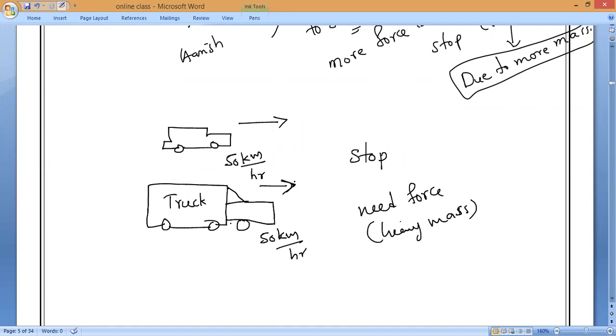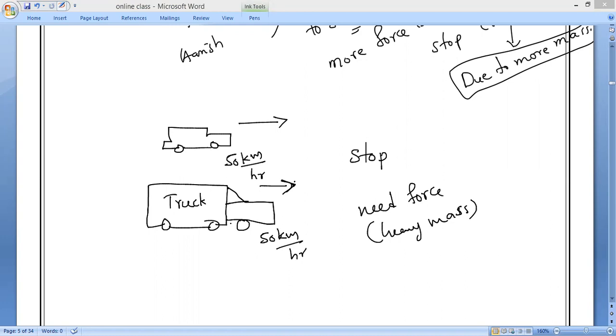So from this you understand, if the mass increases, then the required force to stop increases or decreases? It increases. The same way with the cricket ball and tennis ball: more force is required to stop the cricket ball as it has more mass, and less force is required to stop the tennis ball because it has less mass.